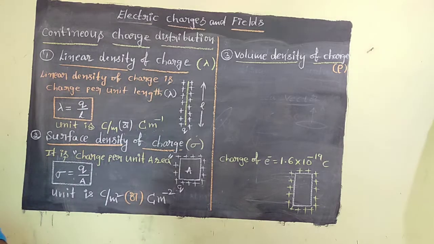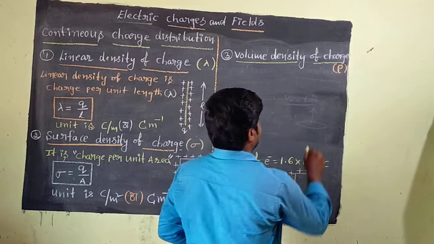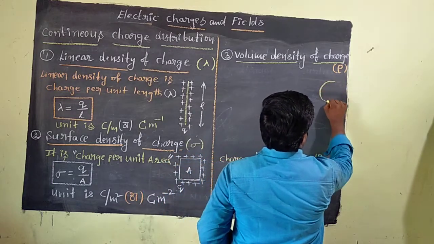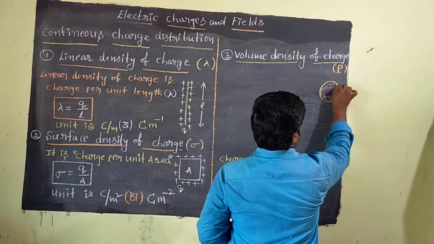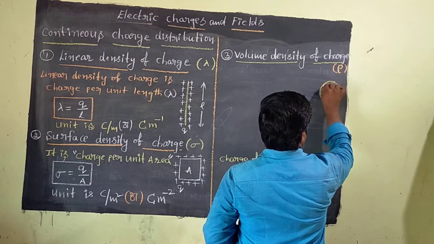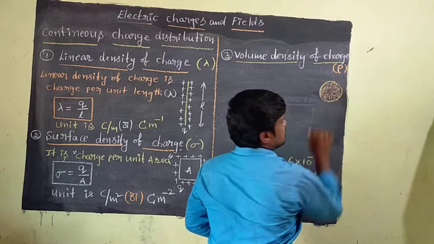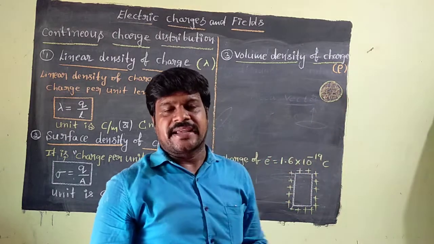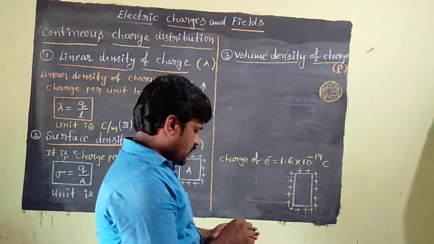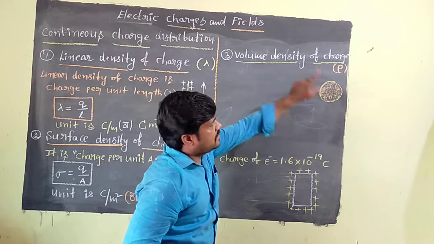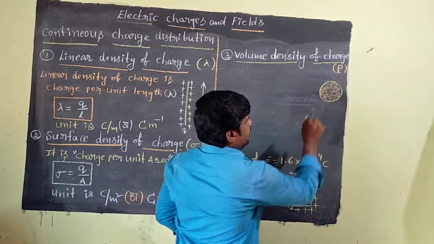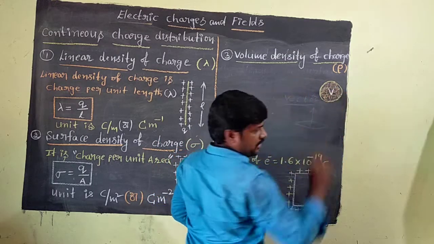And volume density of charge. Now I am going to take one solid sphere. Solid sphere means completely it is having matter within it, just like a cork ball. Suppose this solid sphere is having some volume.